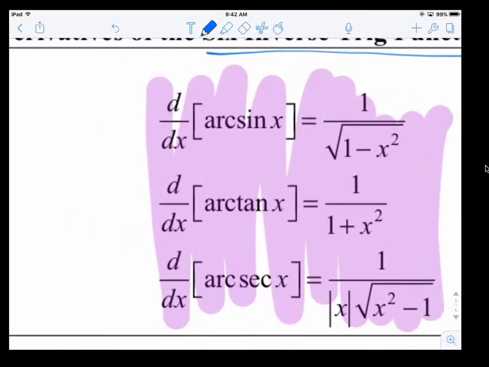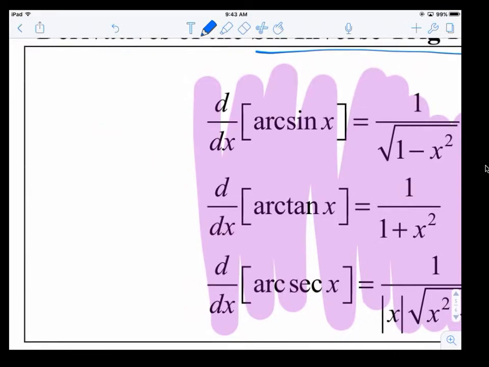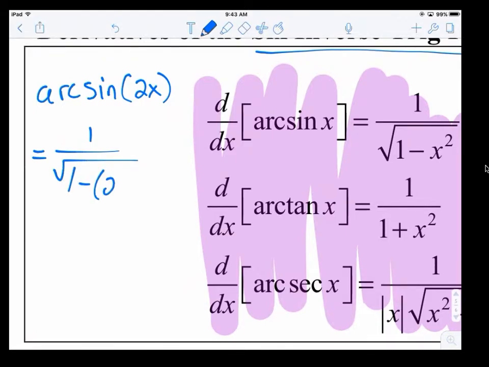Now, the only difference is if you have, say, a chain rule. So say if we were doing arcsine of 2x. This is like your blob here. This is going to replace the x term, wherever you see an x. So if we were to take the derivative of arcsine of 2x, I'd have 1 over the square root of 1 minus (2x) squared, and then multiply by the chain rule, which gives you 2.